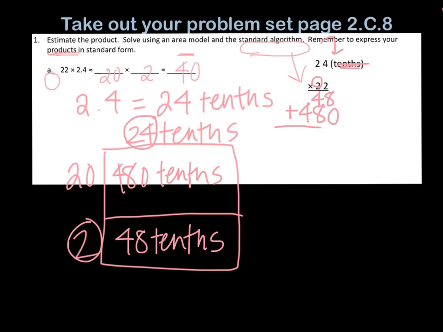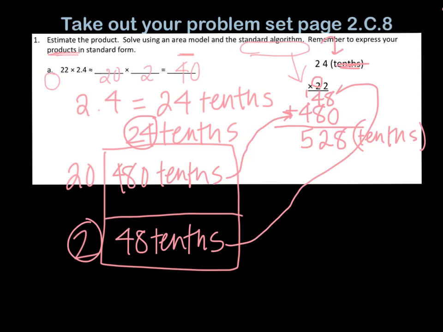I'm going to add all these up, carry the 1, and I get 528 tenths. Don't forget, we're still in tenths. You can see here that the partial product matches up, and the 48 tenths partial product matches up here as well.